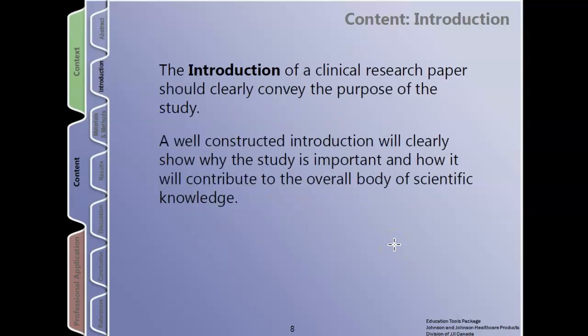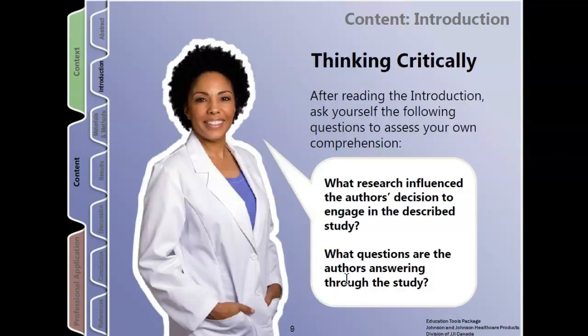So after the abstract comes the introduction. And in the introduction, they talk about why they want to do the study. And they talk about how it would contribute to the overall body of scientific knowledge. So how what they're studying, what they're researching, will help with the scientific knowledge. So after you read the introduction, you need to think critically. You need to ask yourself these questions.